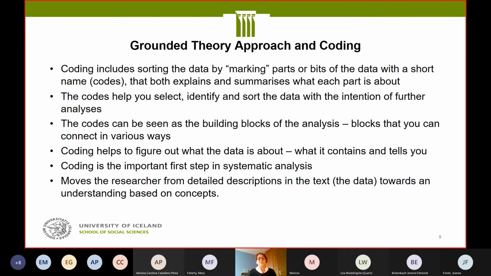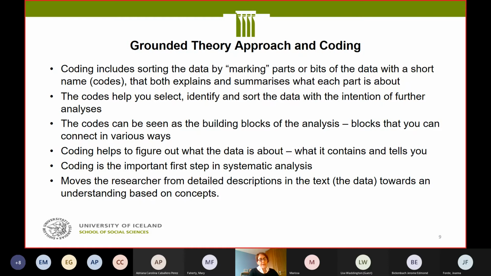Coding really includes the sorting of the data. You mark parts, sentences or paragraphs or bits of the data with a short name, which we call codes. This both explains and summarizes what each part is about.